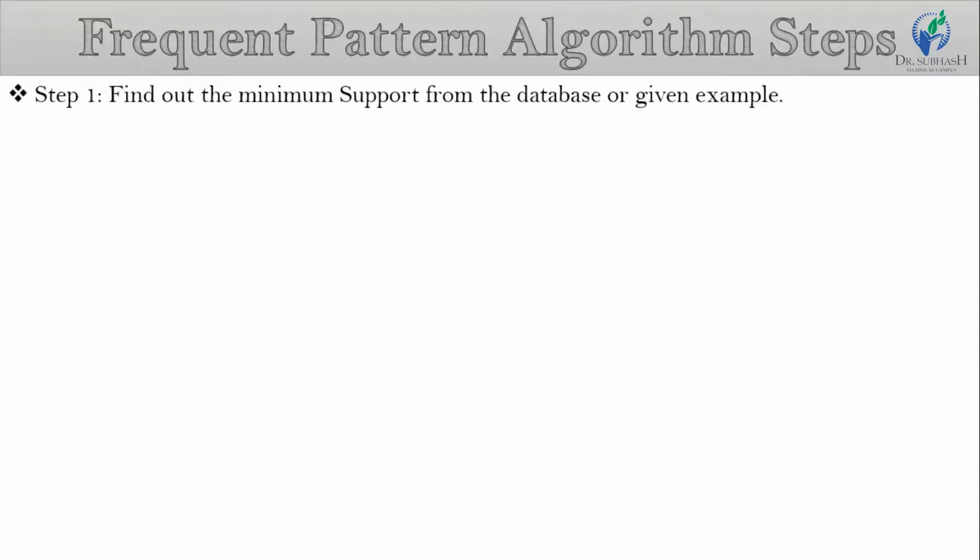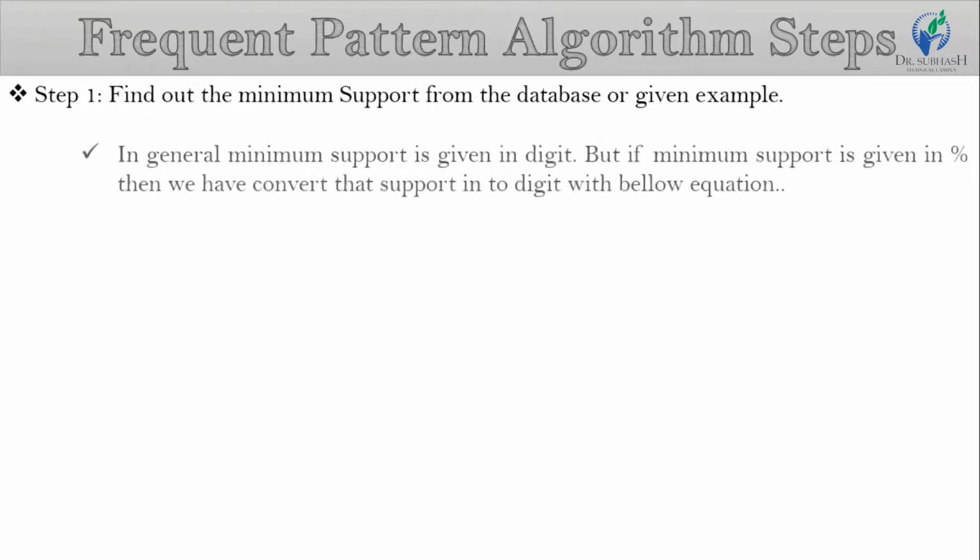So in step 1, we have to find out the minimum support from the database or given example. In general, minimum support is given in digit, but if minimum support is given in percentage, then we have to convert that support into digit with below equations.